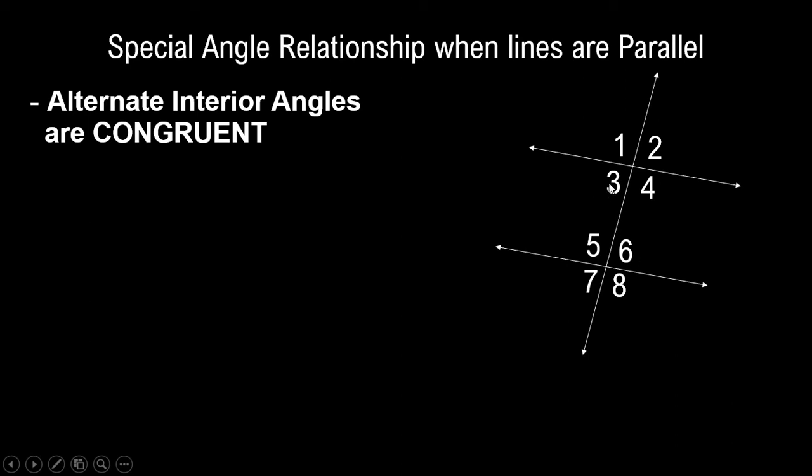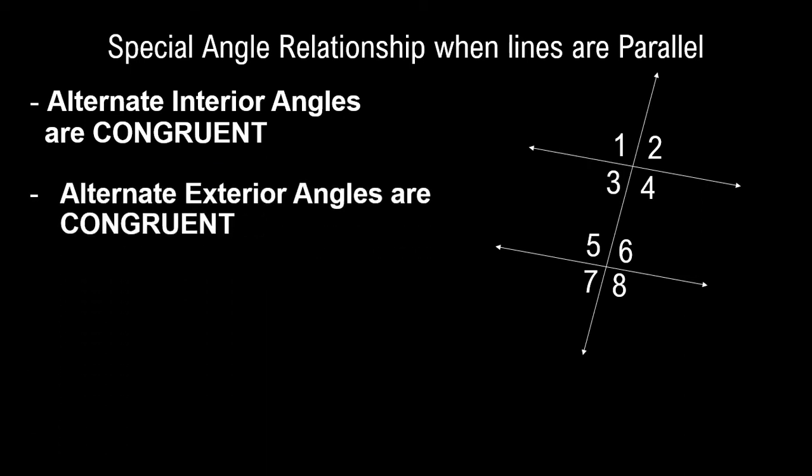When we say congruent, that means they have the same angle measure. So whatever the measure of angle 3, let's say angle 3 is 60 degrees, that means angle 6 will also be 60 degrees because they are congruent. So that is our first angle relationship.